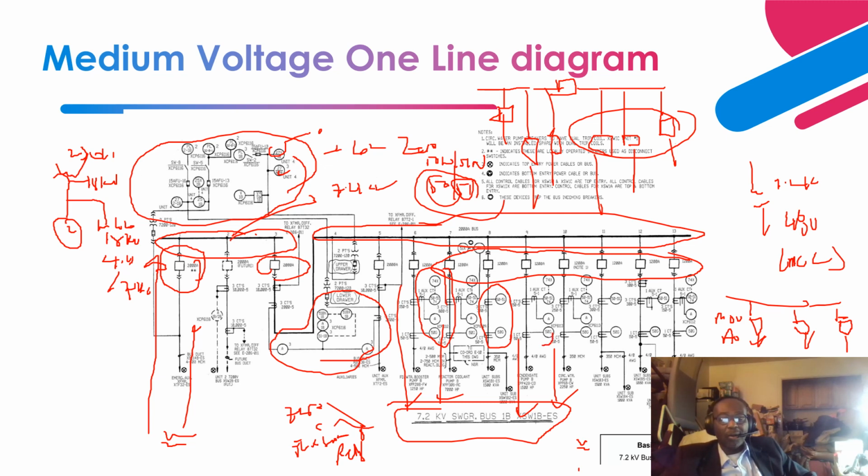Okay, so these are all ground fault detection, 50G. 50G means it's instantaneous ground fault detection. That is all on this feeder, right? And these are the phase instantaneous, phase time over current protection shown on all these outgoing feeders.